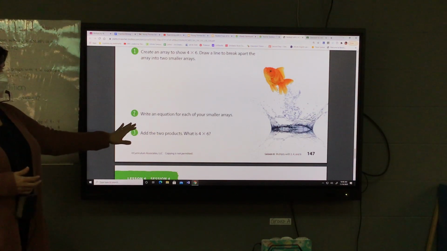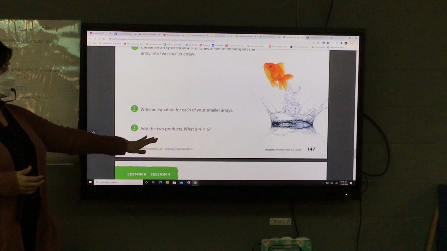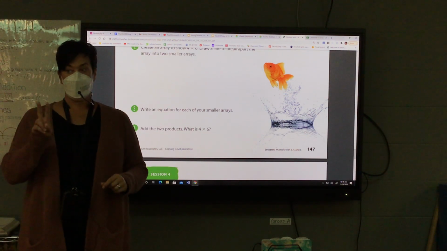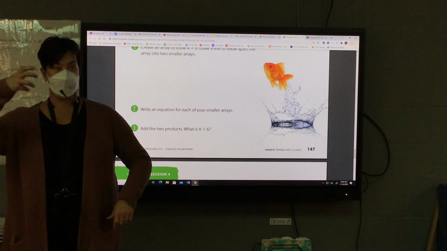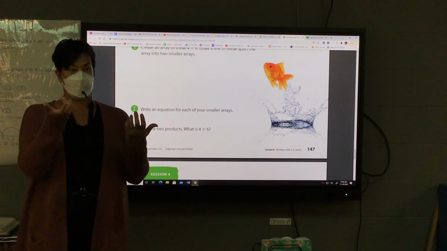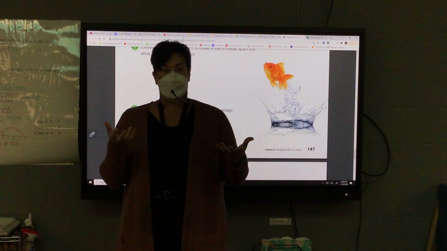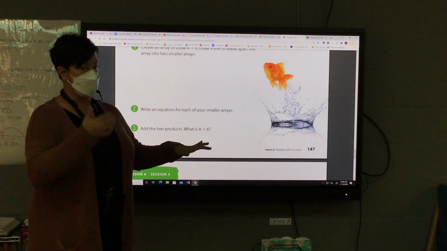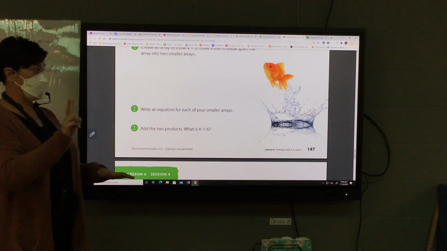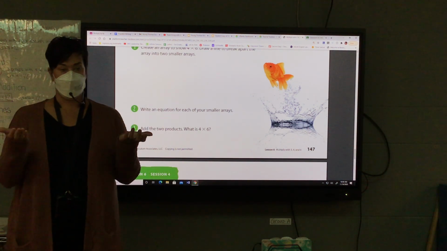Look at part 2. Write an equation for each of your 2 smaller arrays, because you broke it into 2 separate parts, right? So you have this part over here on the left and that part over there on the right. For part 2, all you're doing is writing your 2 equations for each side of your array now.